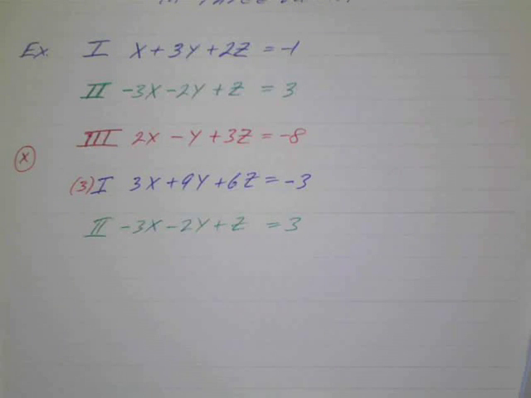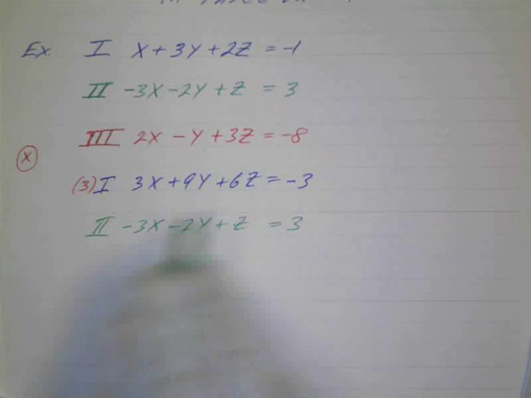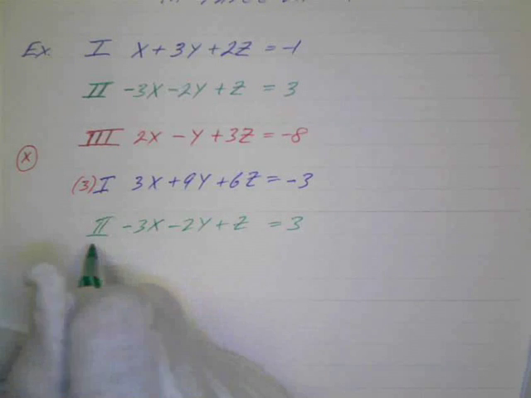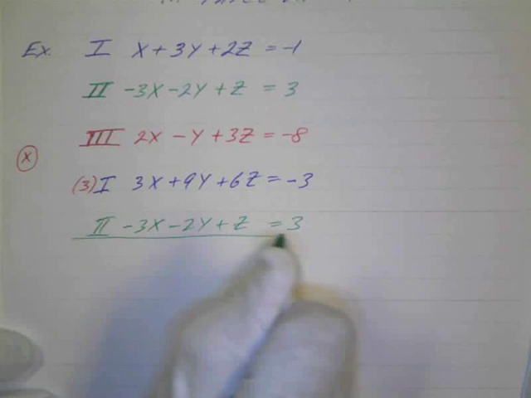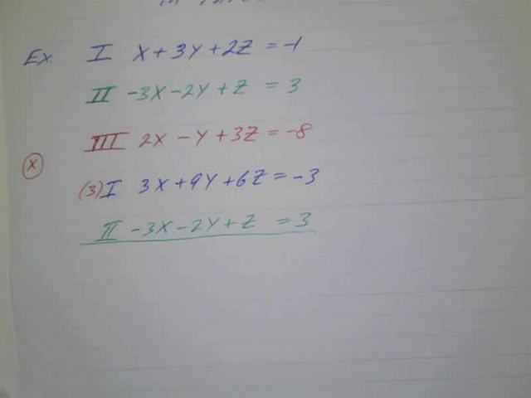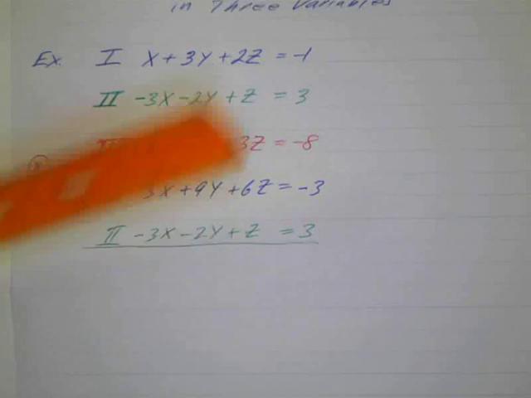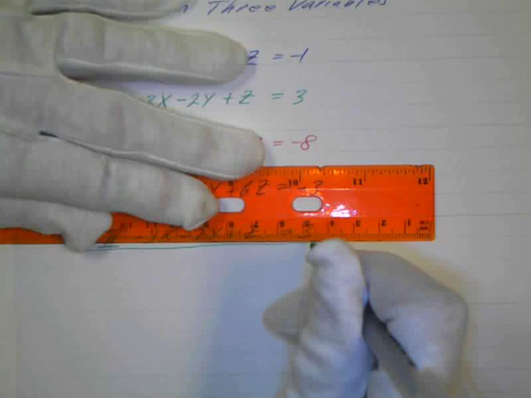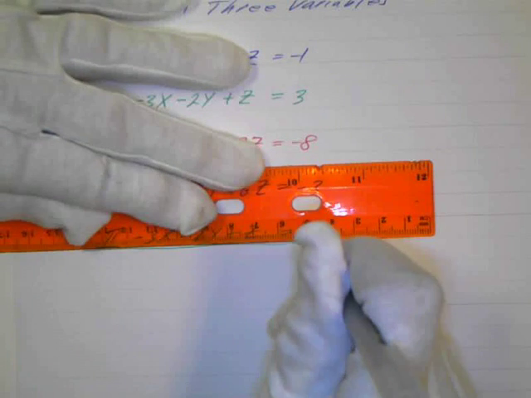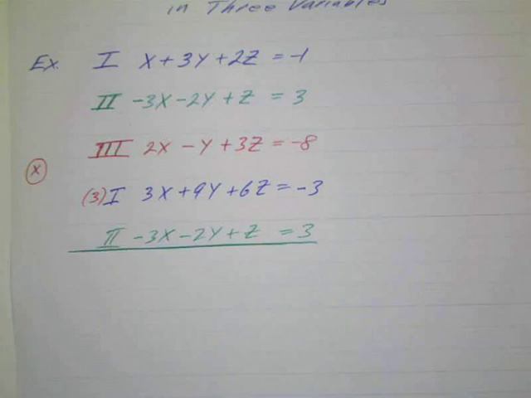Okay? Now if I add these two equations, I should have used a ruler. So if I add these equations, let me try that again with a ruler. There we go, it's better.